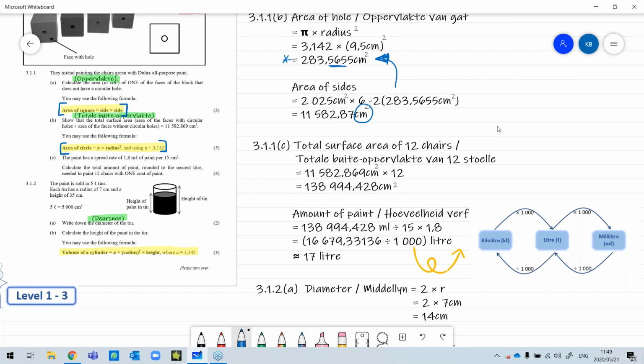So our first step is then going to be, if this is for 12 chairs, we need to calculate what is the total surface area, die totale buiteoppervlakte van 12 stoele. We do that by taking the answer that we calculated in our previous question, as you can see here in our previous question, and we multiplied that by 12 so that it includes the surface area or the buiteoppervlakte for all 12 chairs.